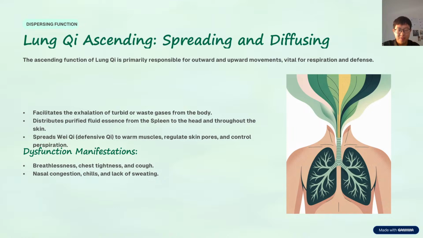It can cause cough, nasal congestion, and lack of sweating. So when we treat a cough, runny nose, nasal congestion, or a person who cannot sweat, we always treat the lung, because these symptoms are caused by a disorder of the lung energy movement.